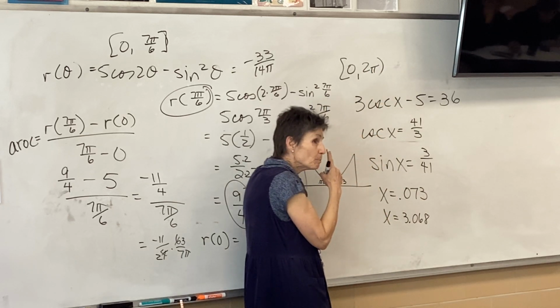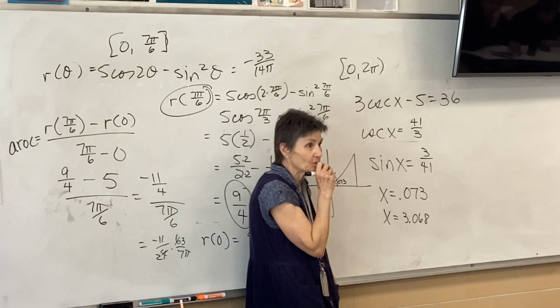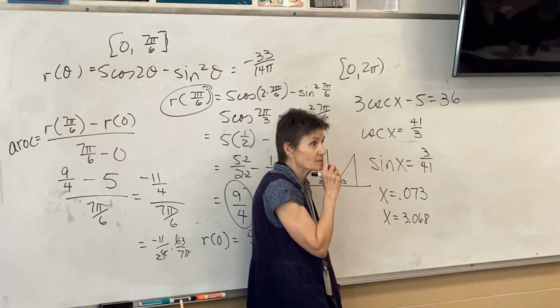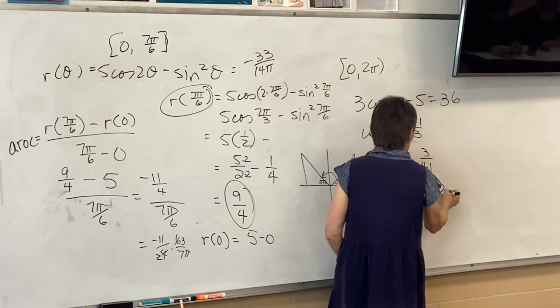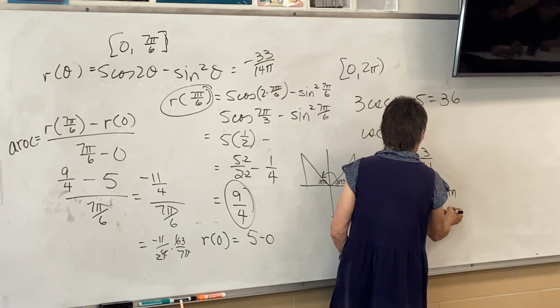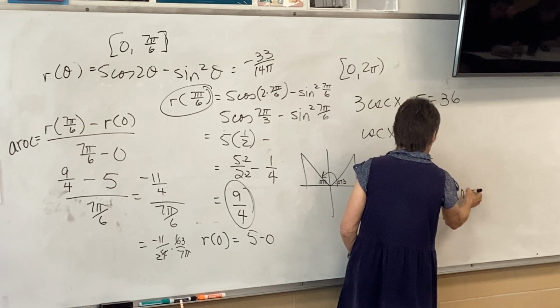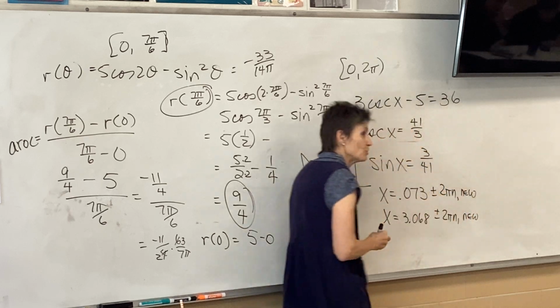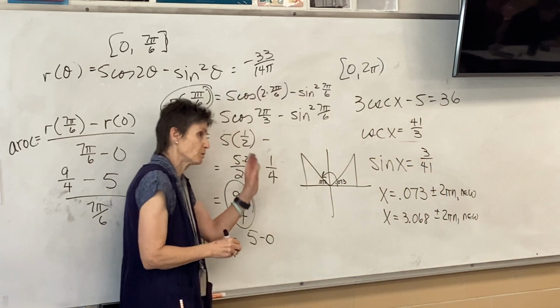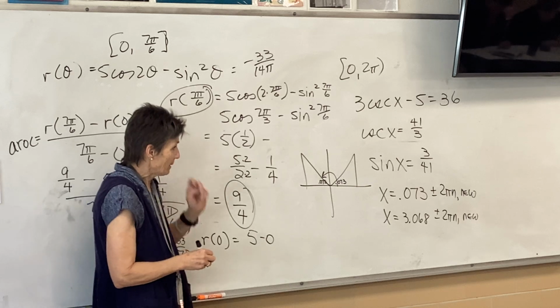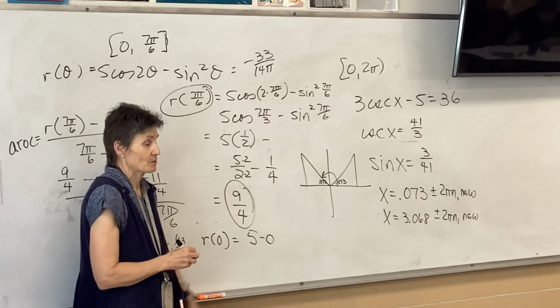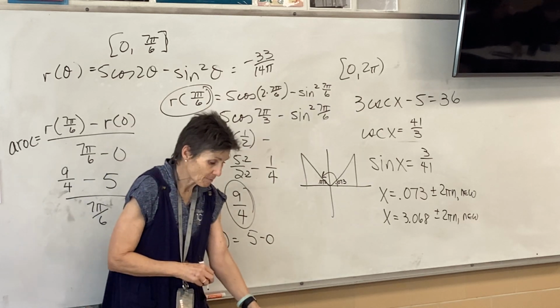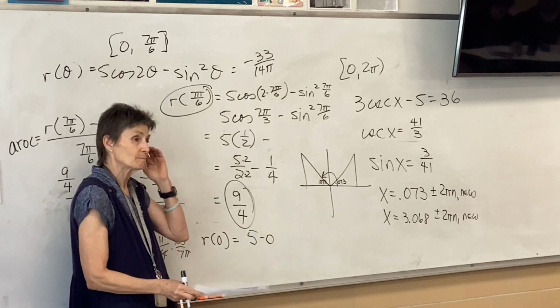But since I didn't put that in, what do I have to do? Plus or minus, yeah, you gotta go all of them. And you have different ways of writing that, it doesn't matter, you can do integers, just do the plus and integers, but we need all of the angles because we didn't stipulate otherwise.